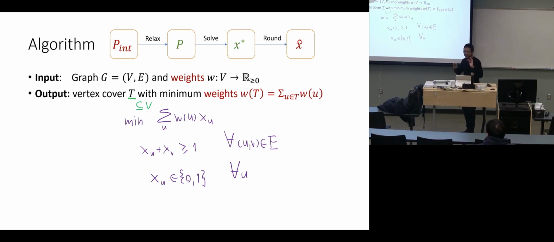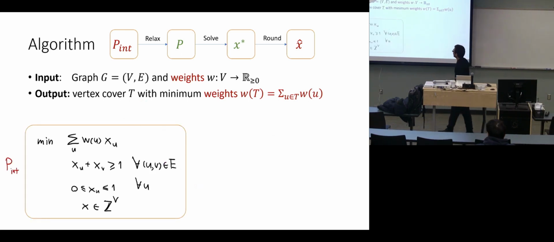There's no relaxation here. It's really the same problem as vertex cover. And so you just write it down. And instead of saying that x is either 1 or 0, I just put that it's between 0 and 1, and I say that x is an integer vector. Okay. So that's what we get.